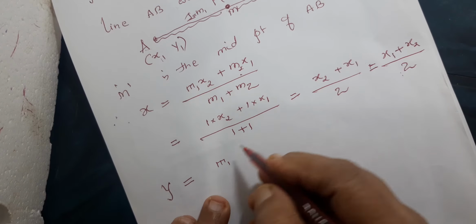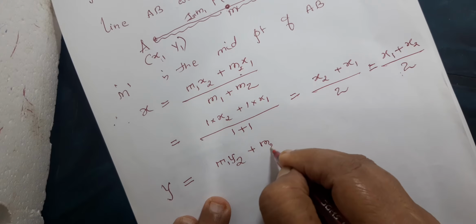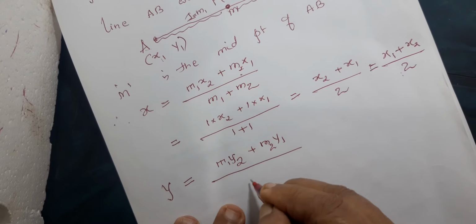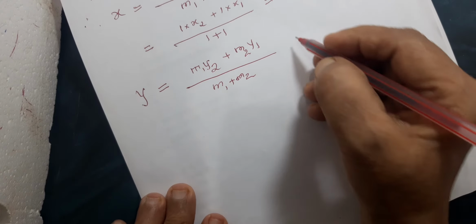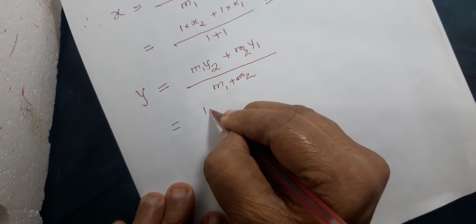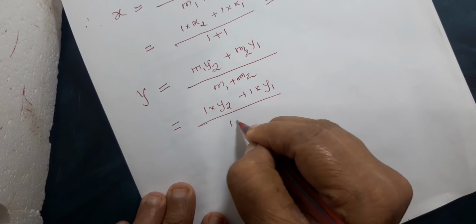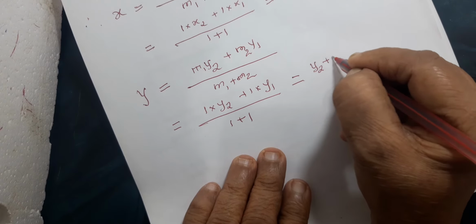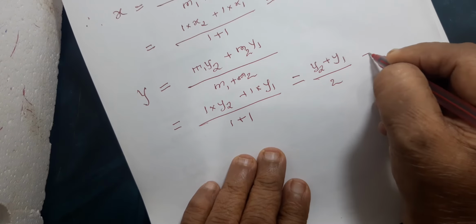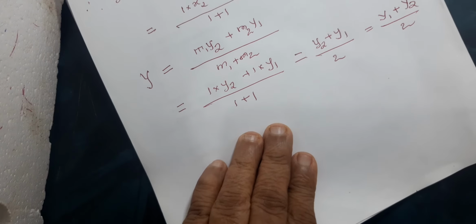In the same way you will get y equal to m1 y2 plus m2 y1 by m1 plus m2. You know the formula. So this will be equal to 1 into y2 plus 1 into y1 by 1 plus 1, or in other words, y2 plus y1 by 2, which can be written as y1 plus y2 by 2.